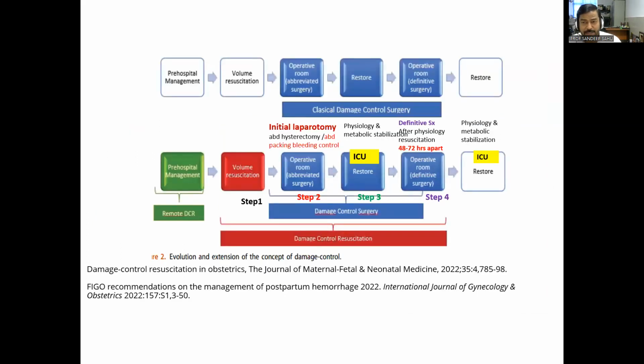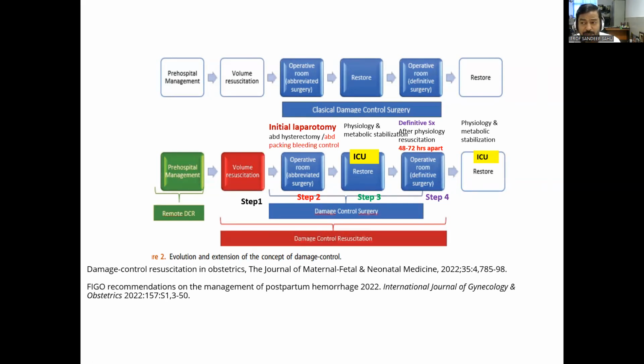So in damage control surgery, any bleeding patient will go to the OT to stop the bleed and pack the abdomen. After packing, send the patient to the ICU. Let the patient stabilize hemodynamically, metabolically, hemostatically and biochemically, and when the patient is restored in the ICU, the patient will go to the OT again for further definitive surgery.